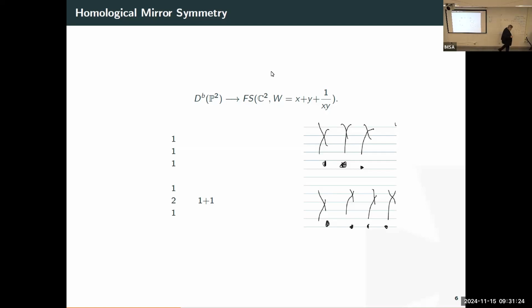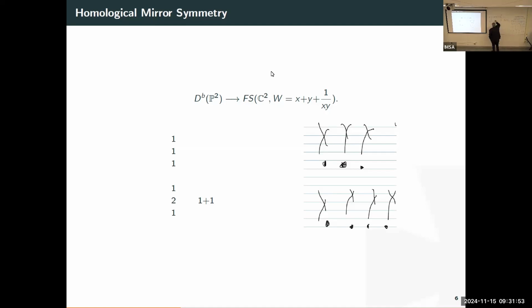So, as I said, we know that this is a blow-up of P2 in 3 points, therefore the corresponding derived category is what we have for P2, and then we have 6 other exceptional objects, which correspond to the 6 points we need to blow up.